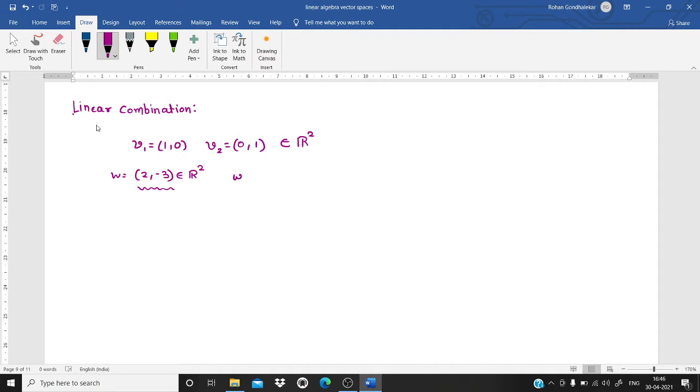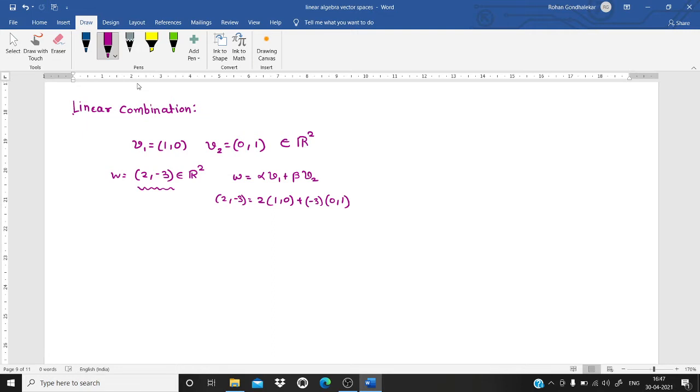Yes, we can write it. So w is equal to some scalar times v1 plus some scalar times vector v2. See this: (2, -3) can be written as 2 times (1, 0) plus -3 times (0, 1).